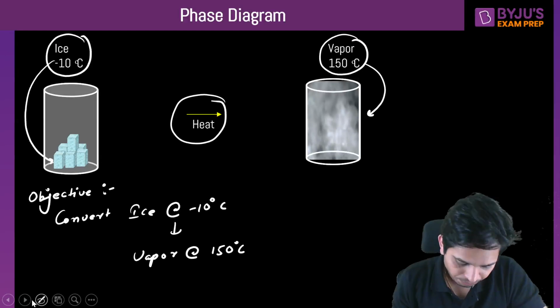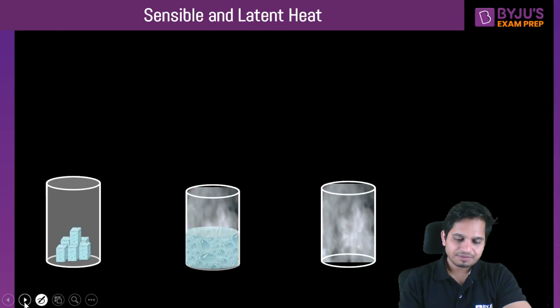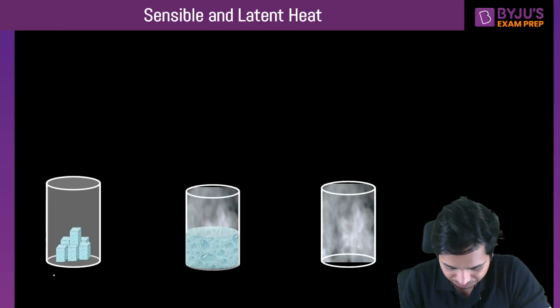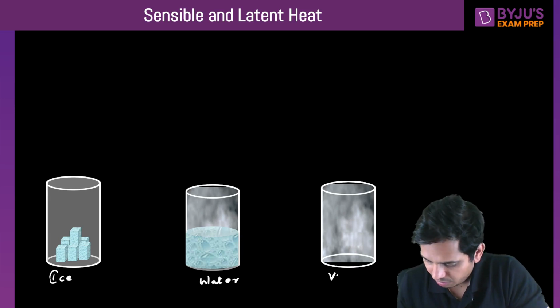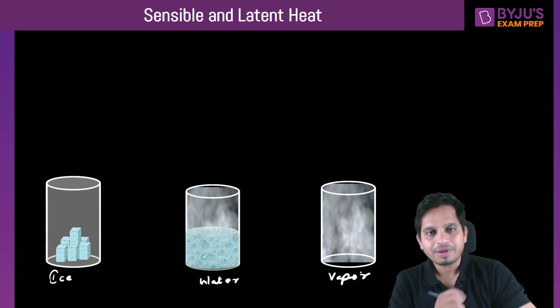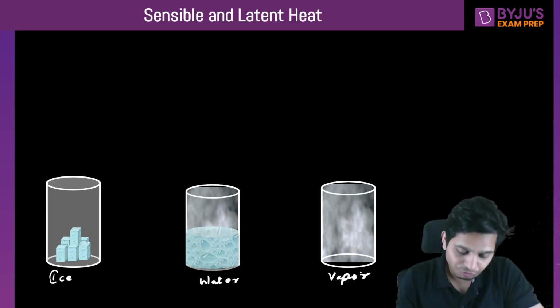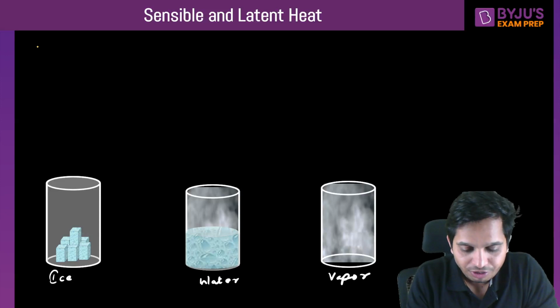Now you see here, this is your ice, this is water, and this is vapor. We are going to start with ice.